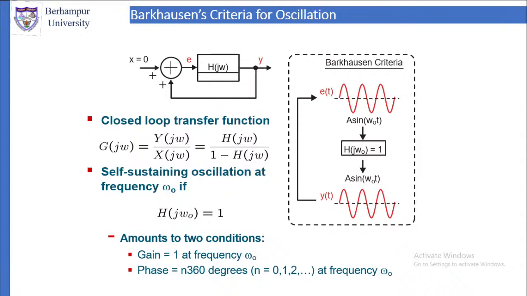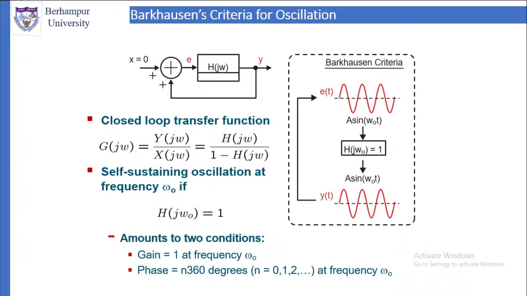So suppose the amplifier has gain A, a portion of it will be given to it as feedback, going through another amplifier with gain B.